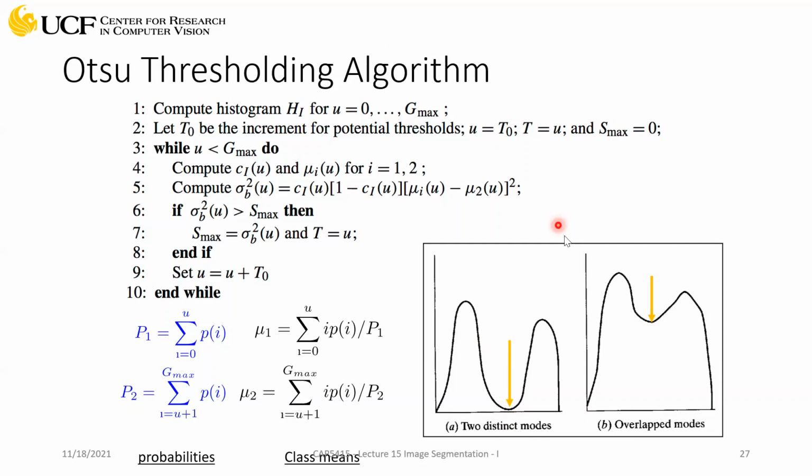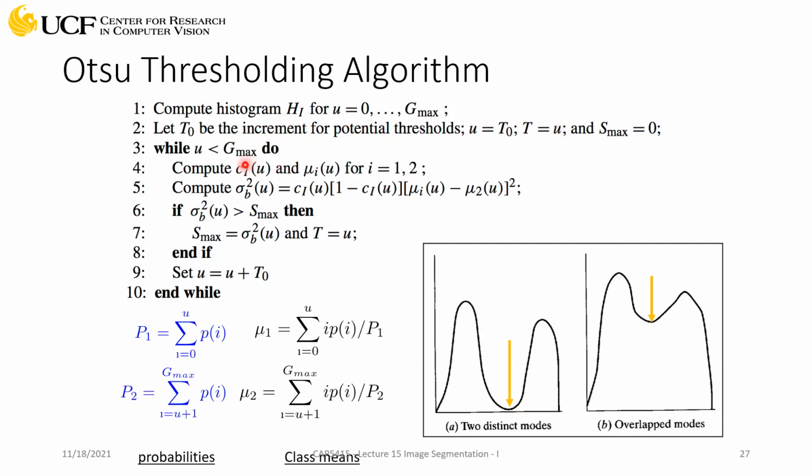Okay, great. So now, this algorithm is exactly doing the same thing. So you set u equal to 0, which means you are starting from the left, and you will go all the way up to G max, which could be like 255, the maximum intensity you have. Okay, so you compute the histogram for the image. So this is the histogram.